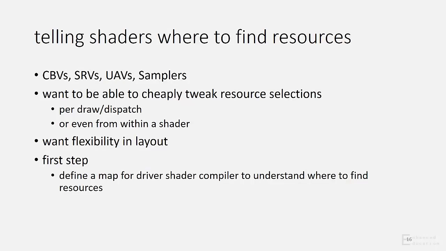At this point, we'll dive into the most interesting aspect of the resource bind model, and that's how we deal with the shader visible descriptor types: constant buffers, shader resource views, unordered access views, and samplers. So we want to be able to quickly, cheaply set up the set of textures and so on that each draw or dispatch is going to use, and maybe even be able to select which descriptors we use right from within shaders.